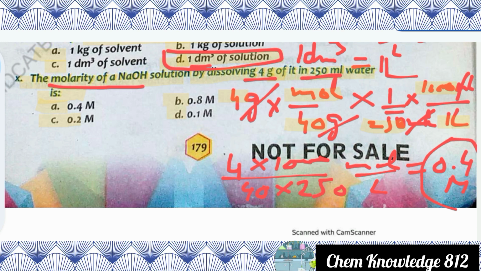So the answer is 0.4 molar, which is option A. This is the molarity of the solution obtained by dissolving 4 gram of NaOH in 250 ml of water.